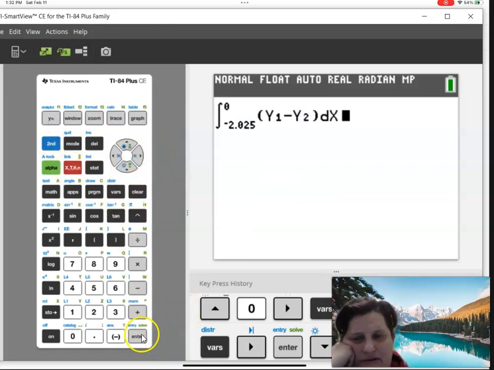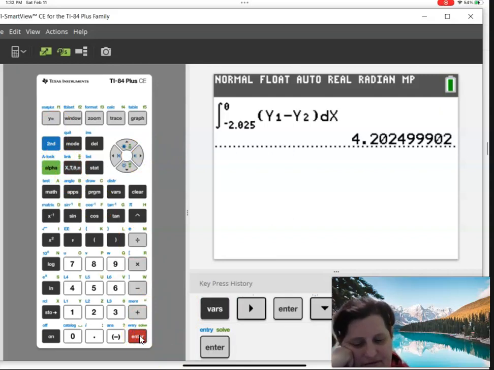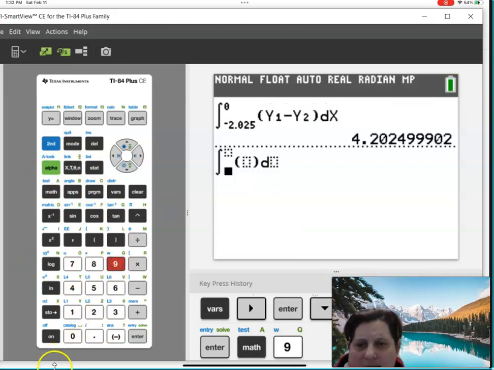And I don't have to retype it. Okay, so my first area was 4.202.